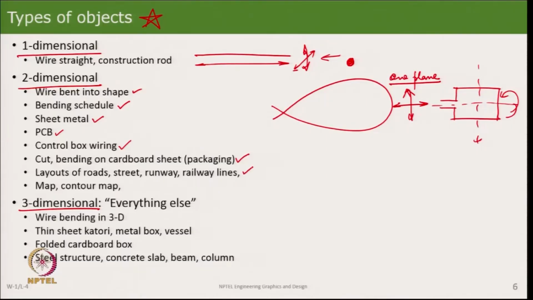Then layouts of roads, streets, runways, railway lines, all this happens in one plane. Even though many of these may have elevations, when we show them in one picture, we are actually showing that it is flat, and at some point we could show that it is going downhill or up slope. And on a very large scale, in geography you would have seen maps.